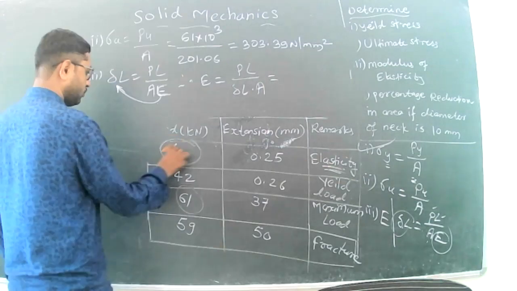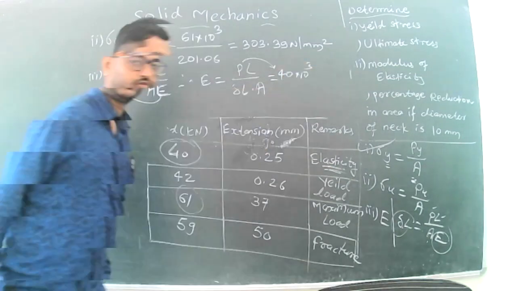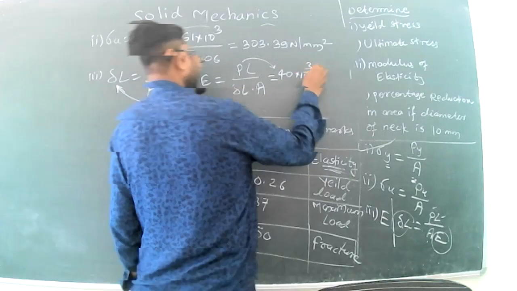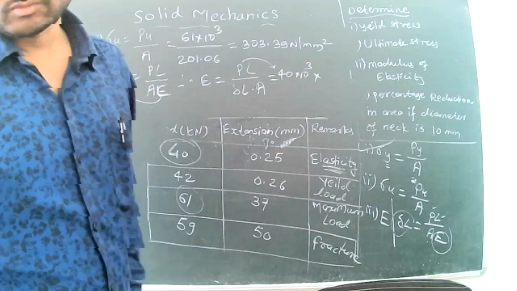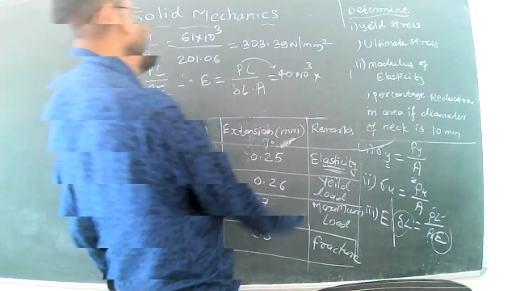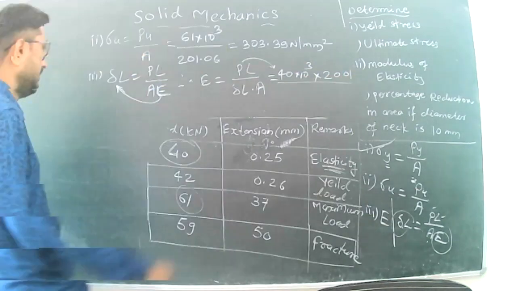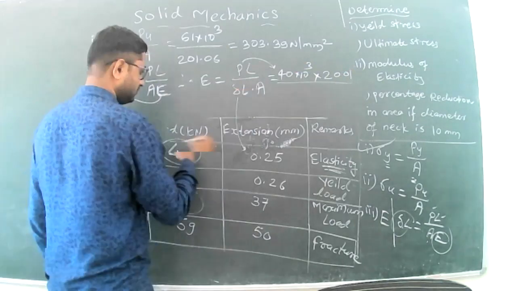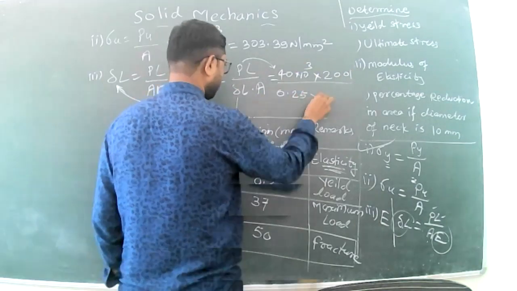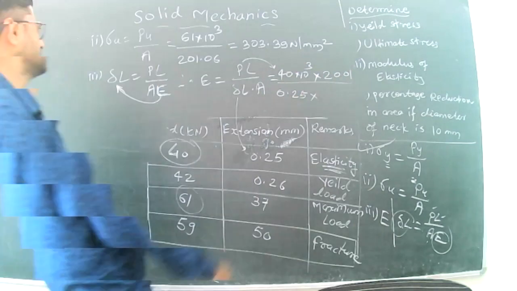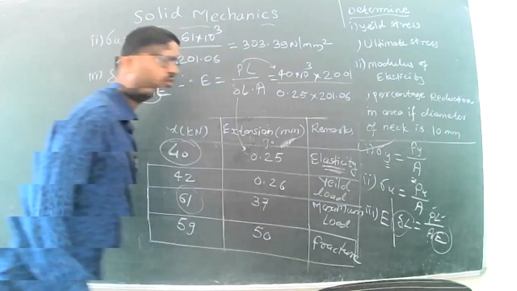Means P is 40 into 10 raised to 3, into L, the length. The gauge length given in the numerical is 200 mm, so into 200, divided by extension delta L. For elasticity, delta L is 0.25, the deformation, into area of cross section, which is 201.06.